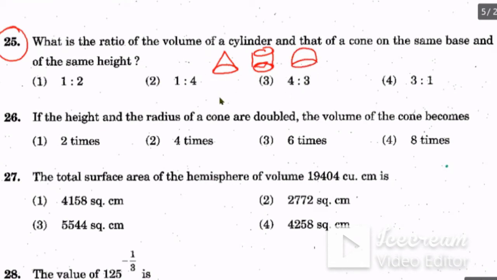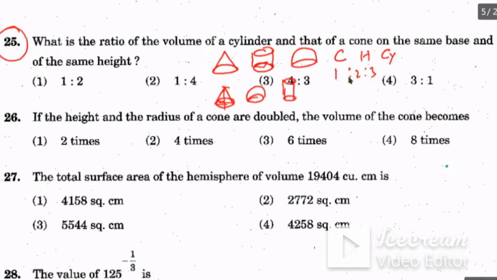First keep the cone, then the hemisphere, then the cylinder. If the base and height are the same, then the ratio between the cone, hemisphere and cylinder is 1 is to 2 is to 3.